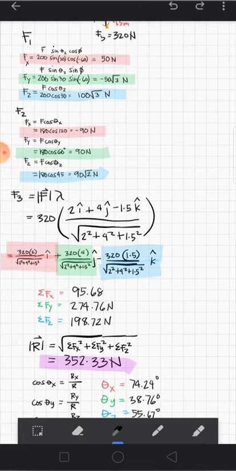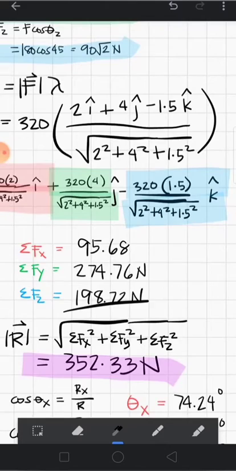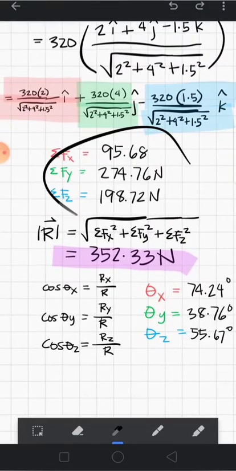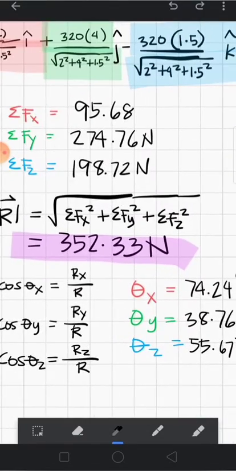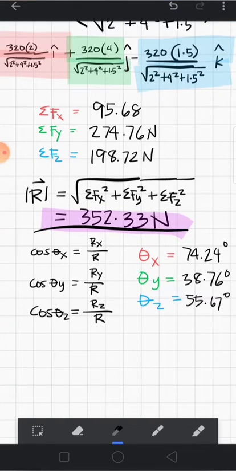And then for the z, which is the blues, I got 198.72. And plugging all of this into the formula, fx, fy squared, and fz squared, and taking the square root, I got the resultant magnitude, which is 352.33.